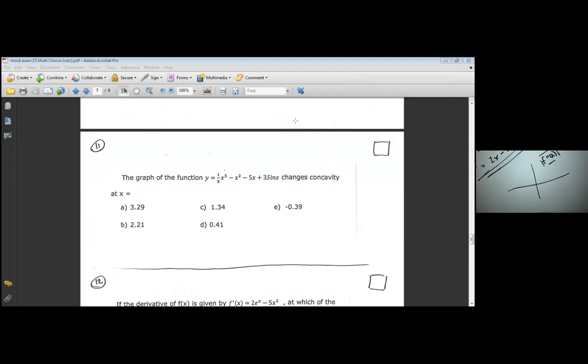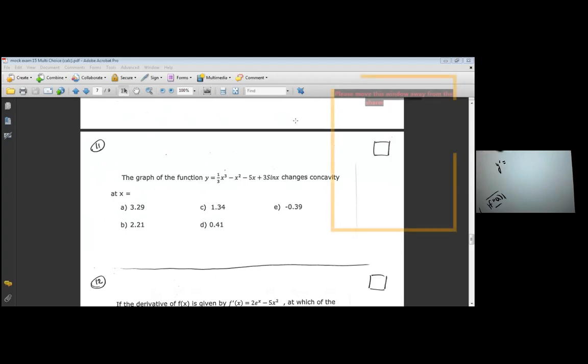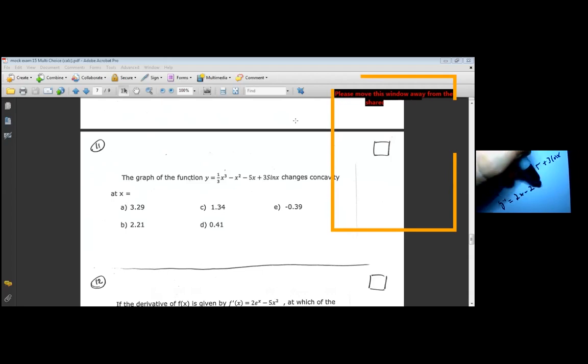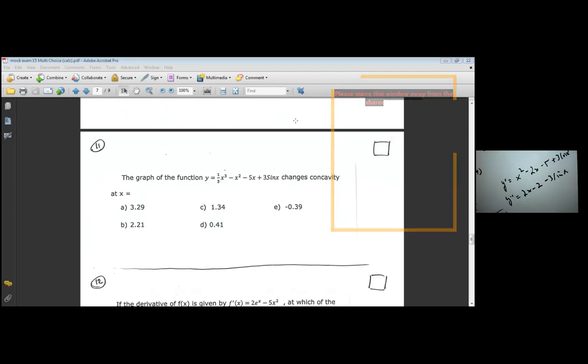The first derivative, y prime, is going to be x squared minus, I missed that term, minus 2x, minus 5 plus 3 cosine x. Our second derivative would be 2x minus 2 minus 3 sine x. Is that better? Yeah, that's what I got. Okay. So now, same story that we had just talked about, but this is what you would be graphing.